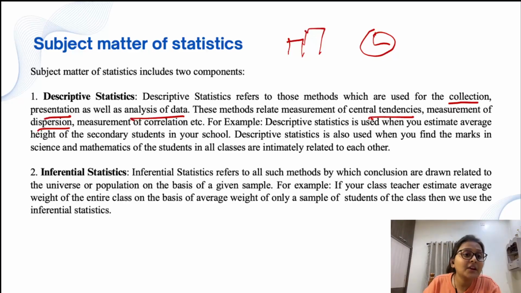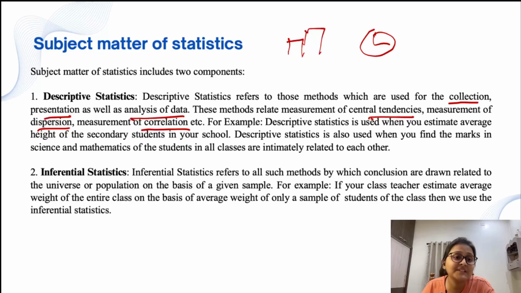Then it even includes measures of dispersion, which indicate how spread out the data is from the middle terms. What is the range, what is the variance, what is the standard deviation, and it even includes measures of correlation, covariance.